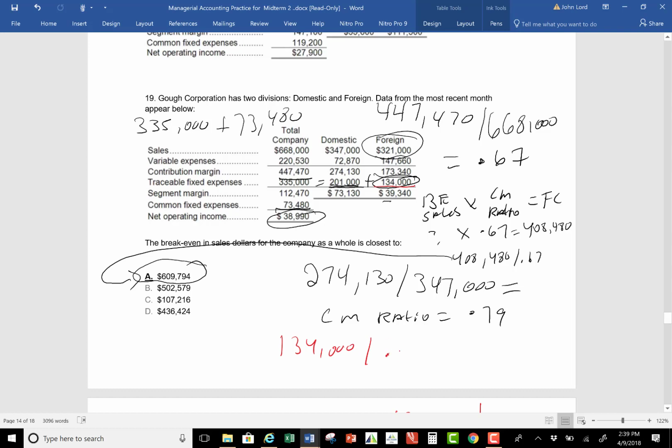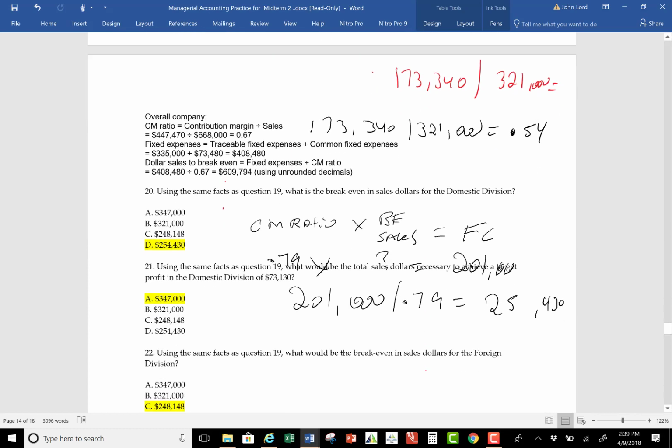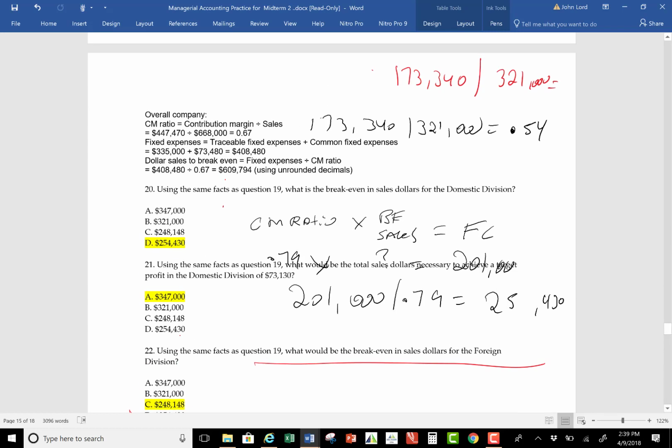Divide by 0.54, and you get what? $248,148. Again, we only consider the traceable fixed costs if we're trying to figure out a break even for a particular segment, right? Just the traceable fixed costs, right?